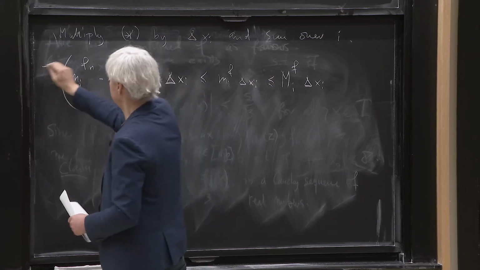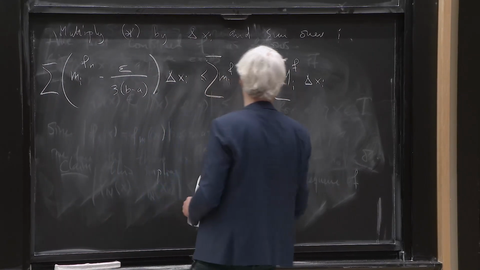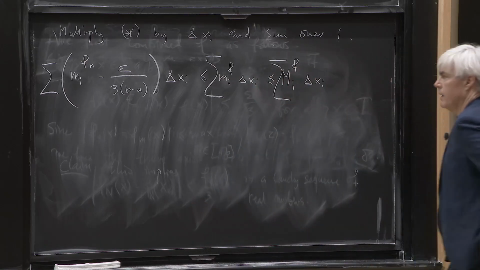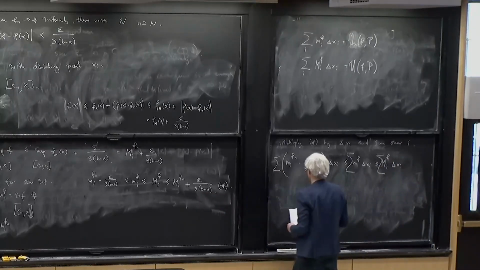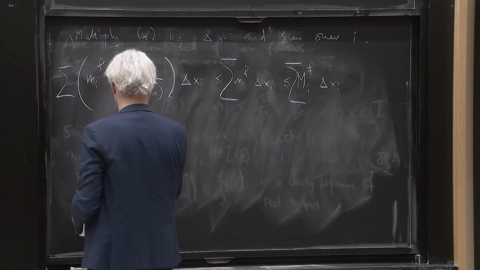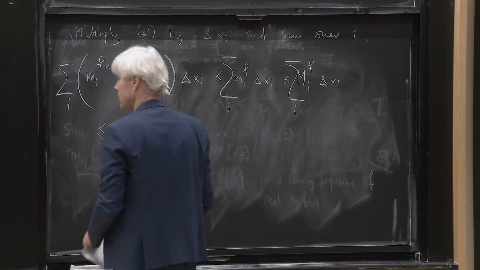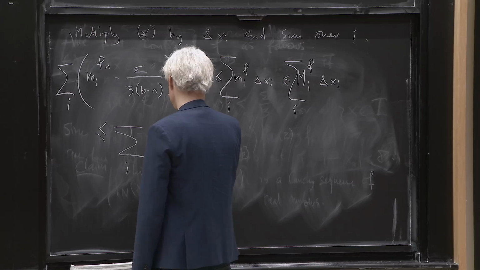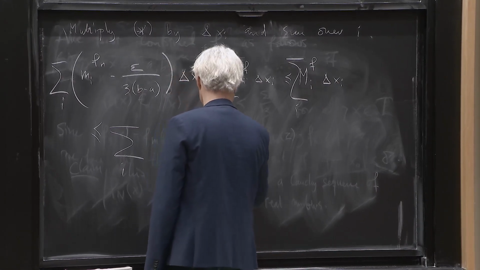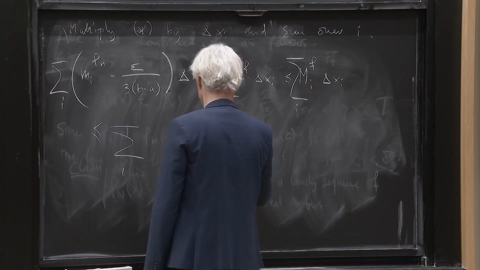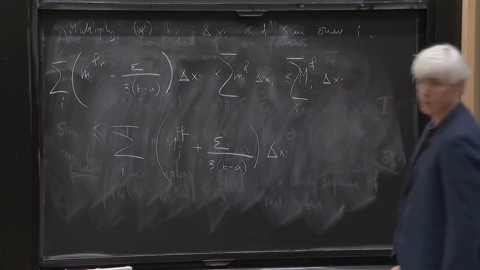Sorry, and I should also be summing over i, like this. And then I have one more inequality, namely this right-hand side. So less or equal to, I'm summing over i, and I have M_i(f) plus epsilon over 3(b minus a) times delta x_i. Okay?